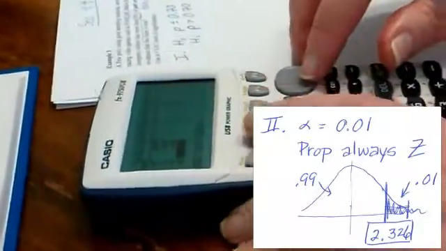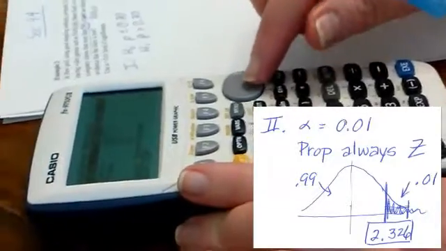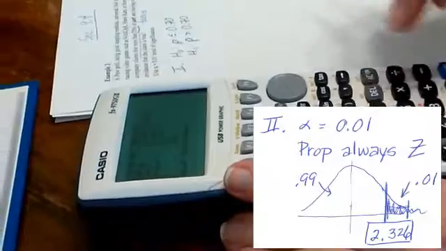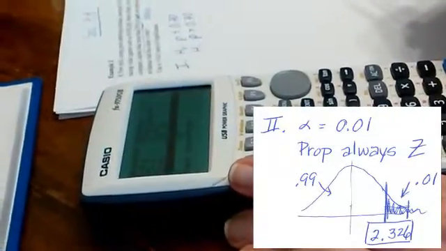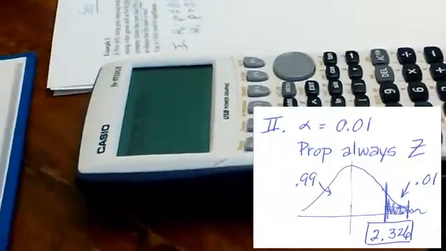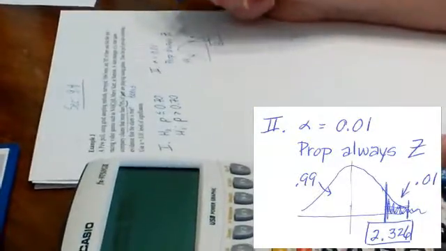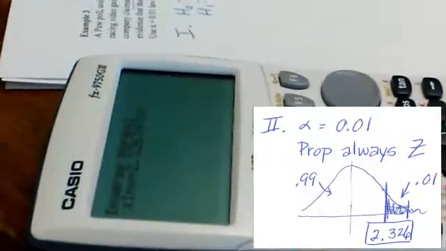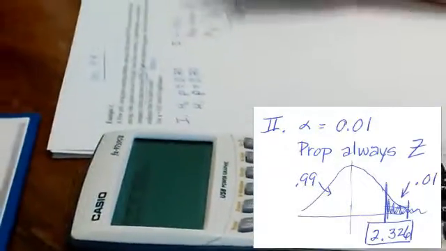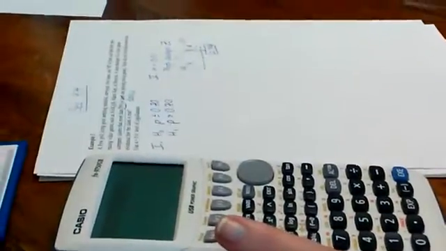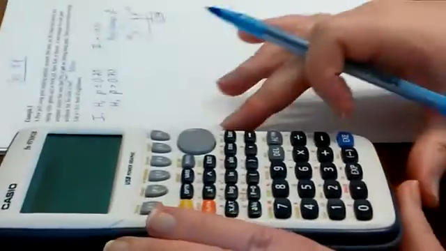If we do distribution, normal, inverse normal, I put area to the left is 0.99, standard deviation 1, mean is 0. And I get 2.326. Yeah, that matches what the table said. So we can use the table or we can use our inverse normal function on the calculator.